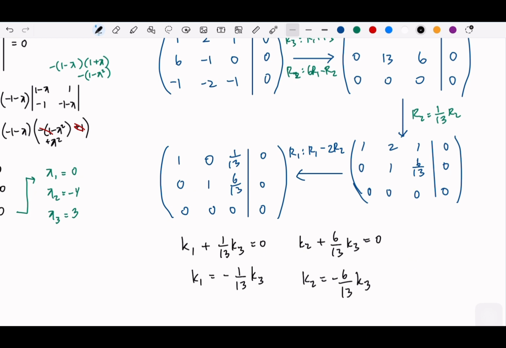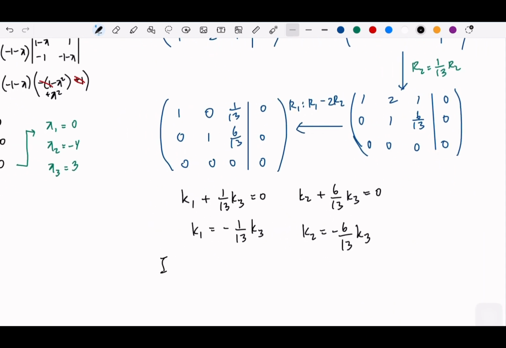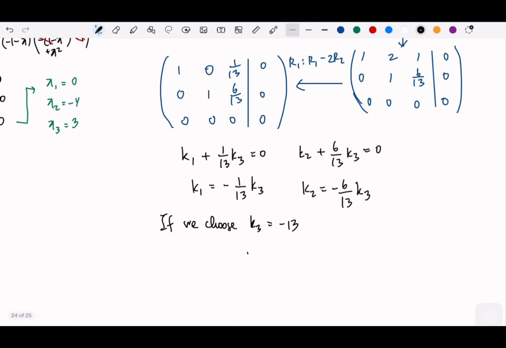So if we choose k3 as negative 13, then we can get the eigenvector for when lambda is 0, which will be 1, 6, and negative 13, sorry.